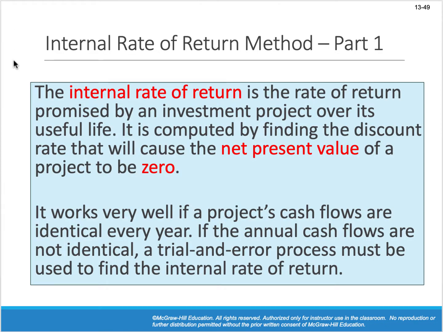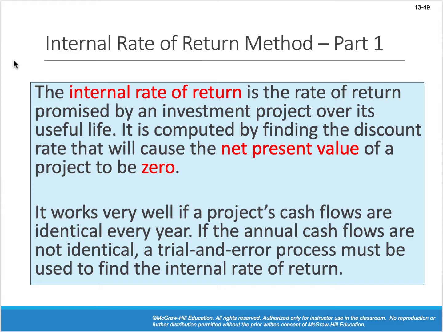So before we can even begin to calculate the internal rate of return, we need to know what exactly is the internal rate of return. Well, this is the rate of return that's promised by an investment project over its useful life. We also call this the yield on a project.